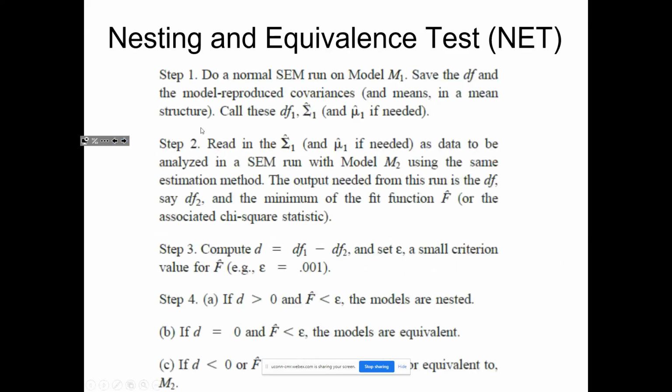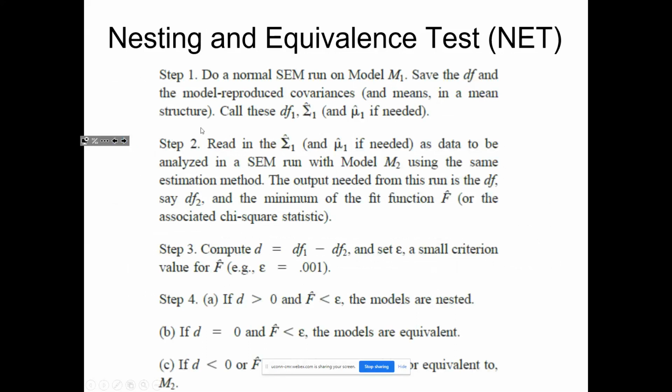All right. So this is what you're going to do. You're basically going to run an SEM model on the simpler one. Let's just assume we're doing nested for right now. So you start and you run a normal SEM model on model 1.